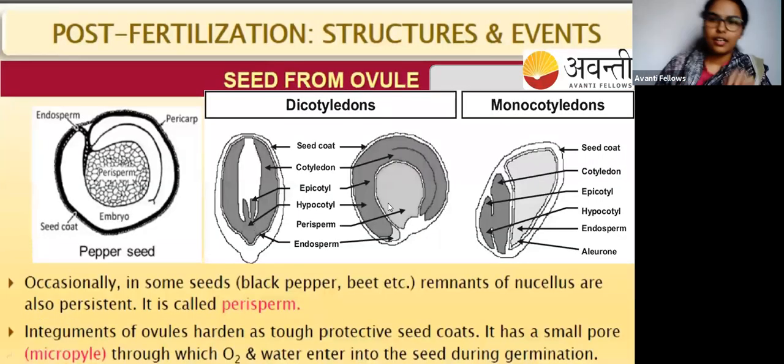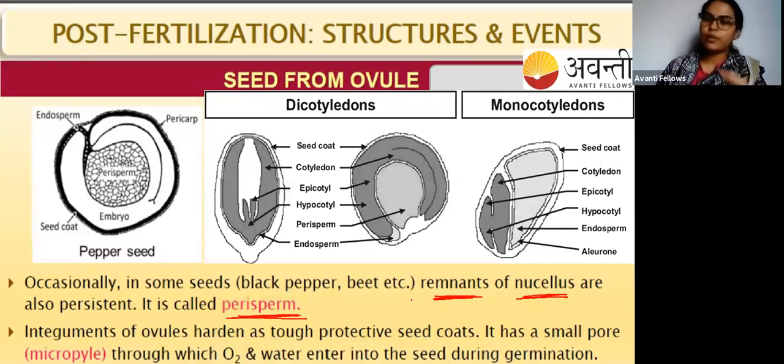Okay, now seed from ovule ka another part. Here there's another term called perisperm. Okay, what is perisperm? I told you perisperm is actually the remnant or the remaining of the nucellus.